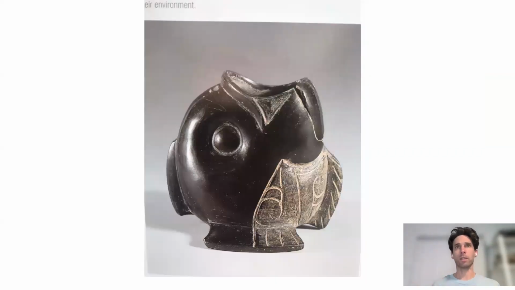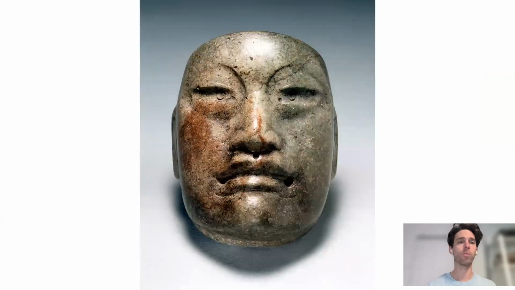This is a classic Tlatelolco style animal object. These black objects with designs on them, hollow, three-dimensional. This is part of the class of objects that are the stone masks.